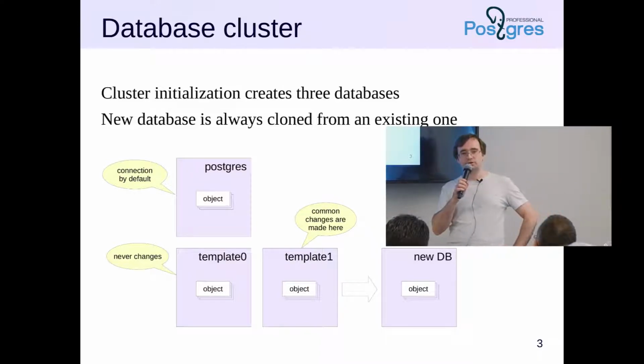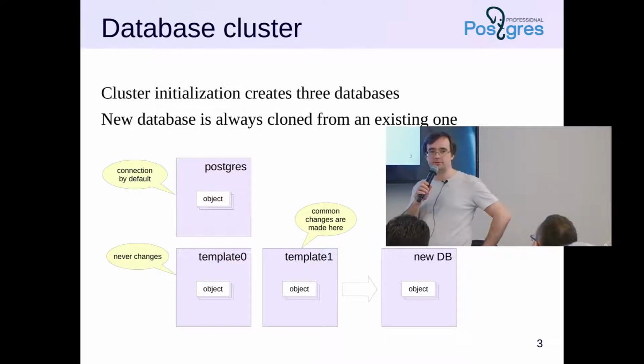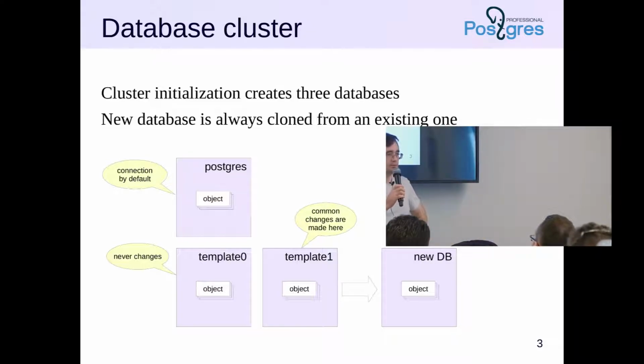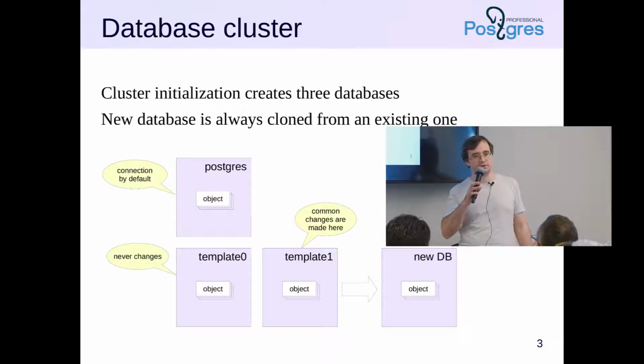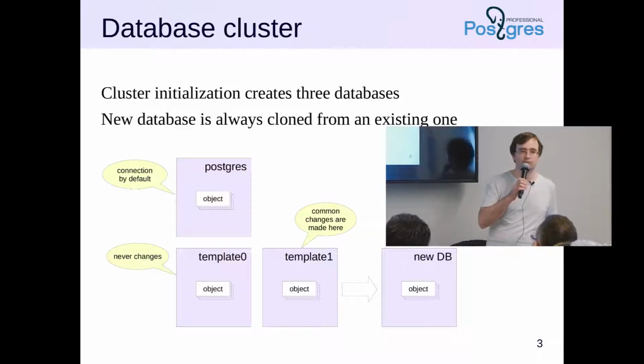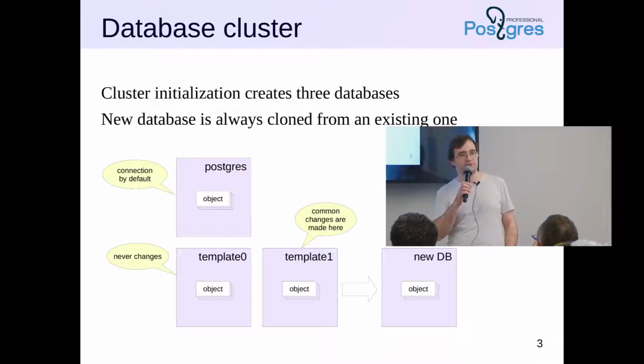When you initialize a new database cluster, PostgreSQL creates 3 databases. In our virtual machine, the cluster is already initialized, and when you install a package, say for Ubuntu, it initializes the cluster for you automatically.